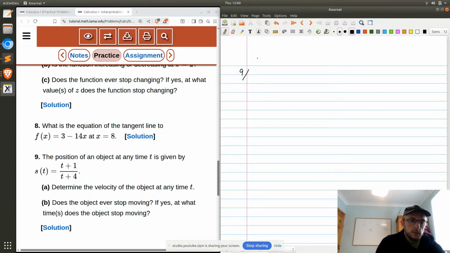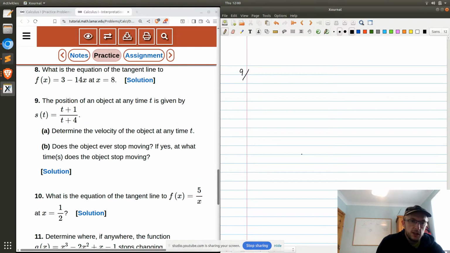Now, the position of an object at any time t is given by this function here. S usually stands for displacement in physics. So we are to determine the velocity of the object at any time t.